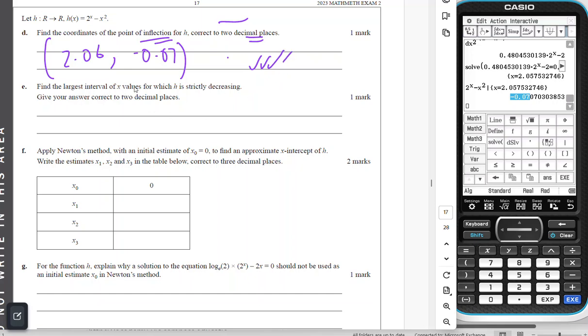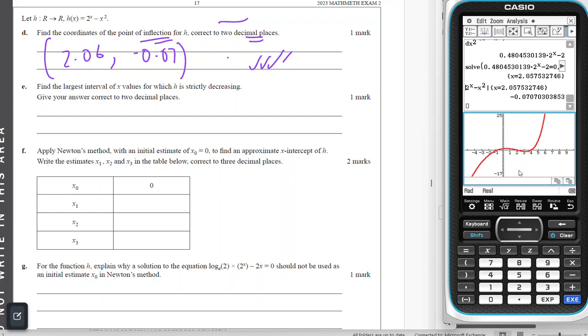Find the largest x interval for which h is strictly increasing. Okay, so from this graph, I know where my point of inflection is, and it's going to be strictly decreasing. I also need to know the coordinates of the turning point.